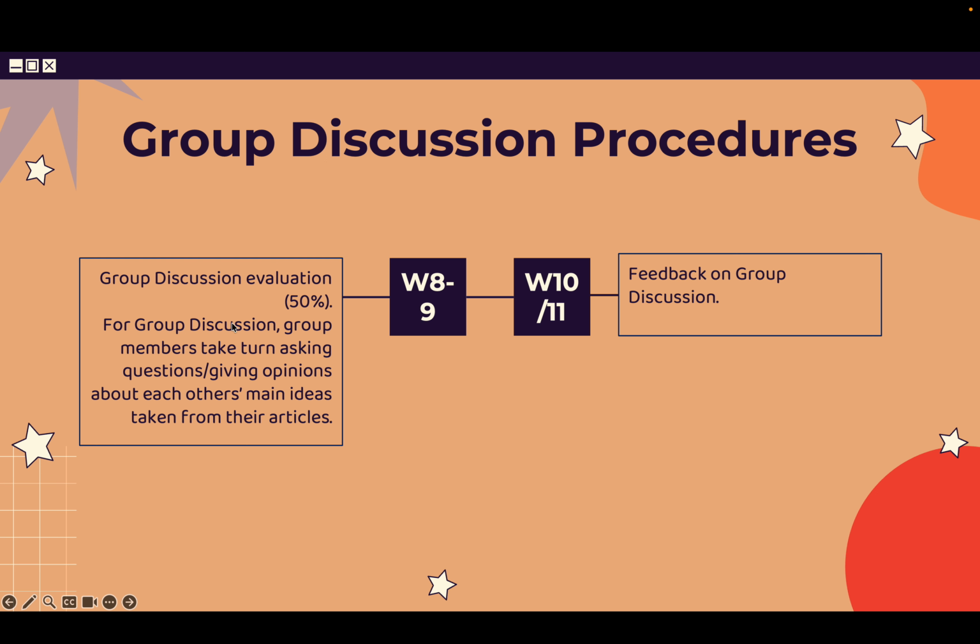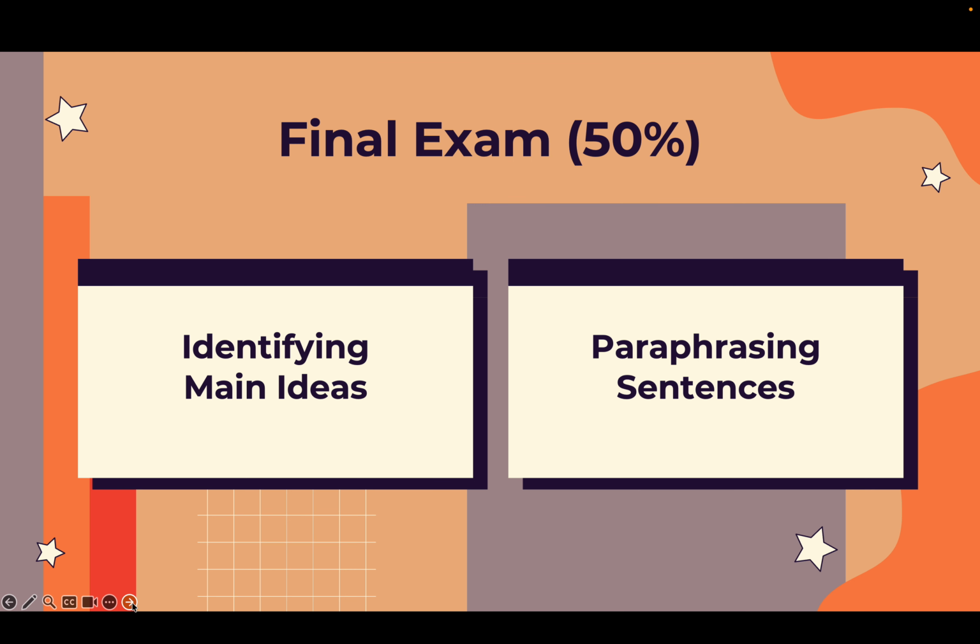For group discussion part 2, group members take turns asking questions, giving opinions about each other's main ideas taken from their articles. This can be conducted synchronously, or if you choose, they can record in a video, and then you can have delayed assessment. After that, you can give feedback on how they did on the group discussion.